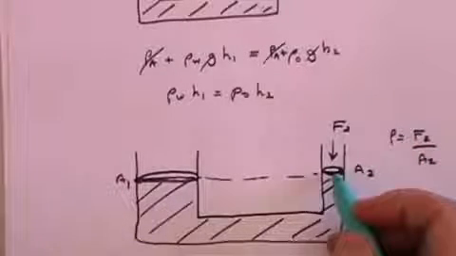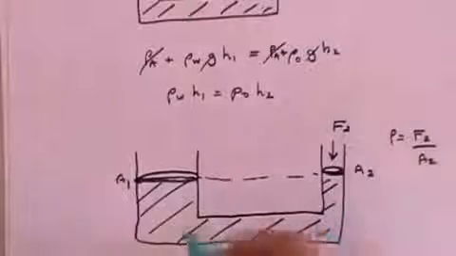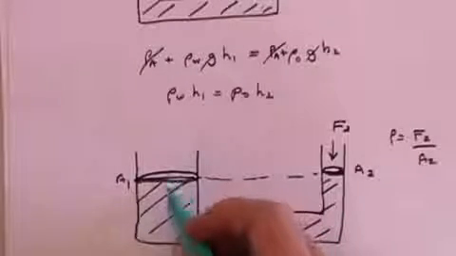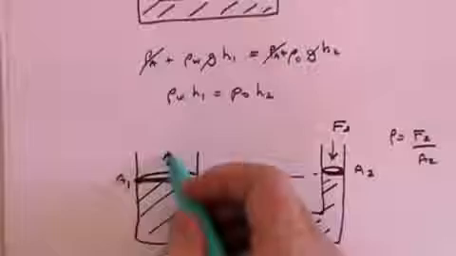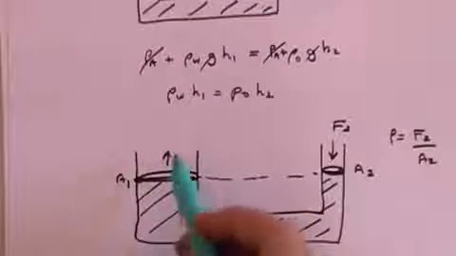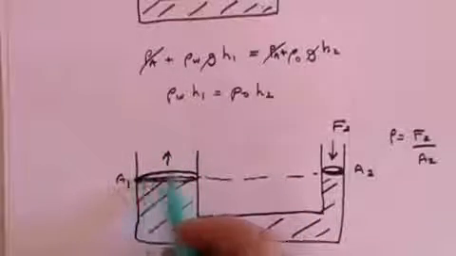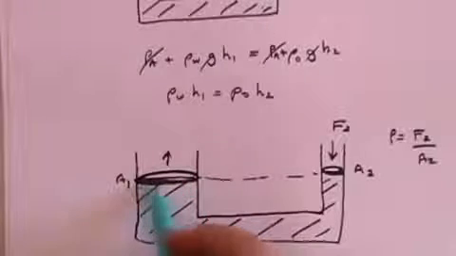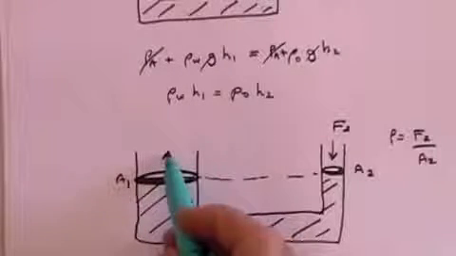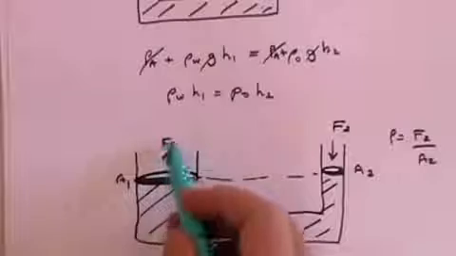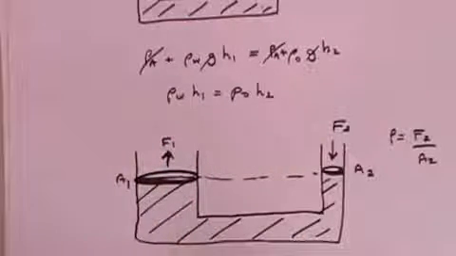So there will be a pressure, and that will push this fluid and will result in this fluid moving upwards. And there will be a force if you put, for example, some kind of platform here. That platform will be pushed up with a force, and we'll call that F1.